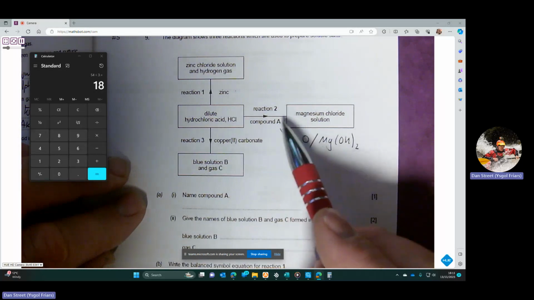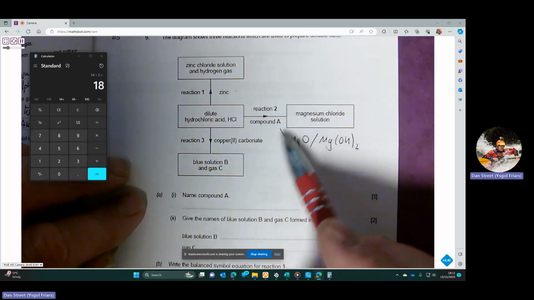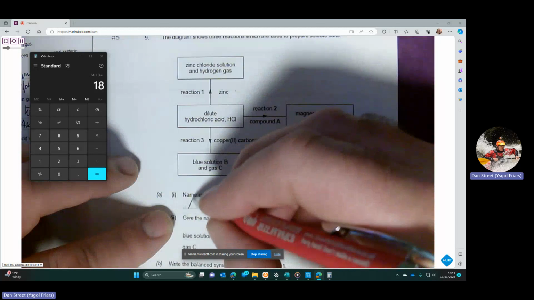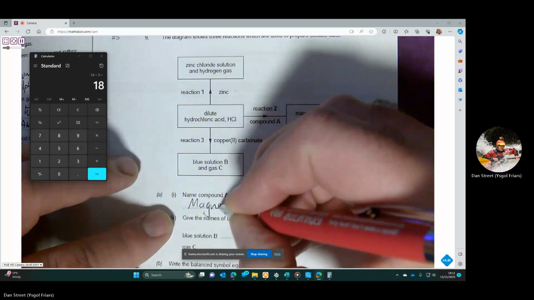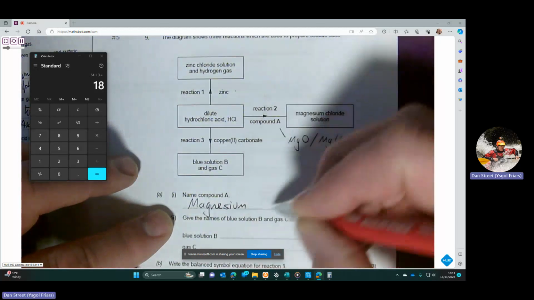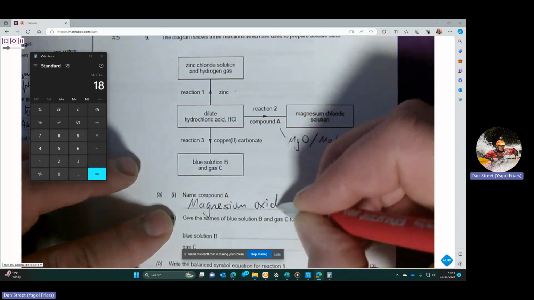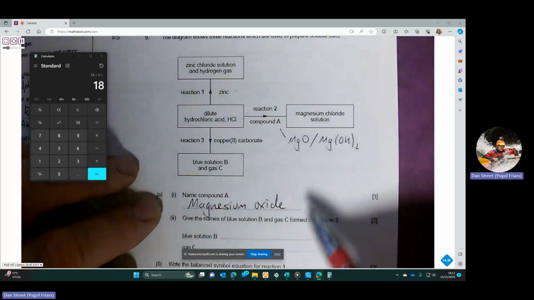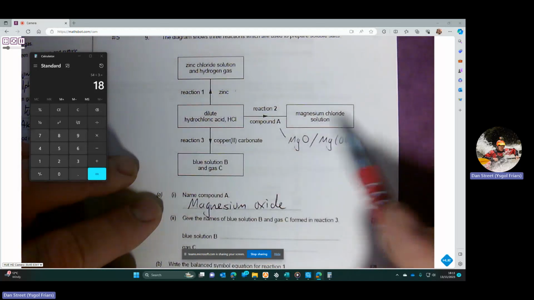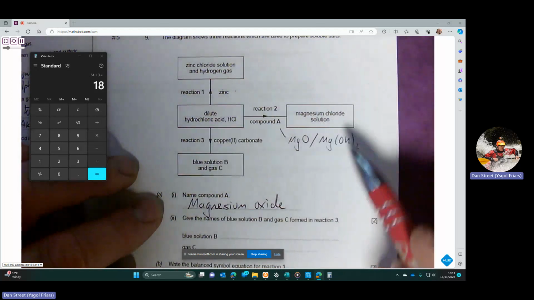Okay, so it doesn't tell us it's a solution, it simply says compound A, so we'll go with magnesium oxide. Magnesium oxide is a solid powder, okay, and we would get the magnesium chloride and we'd get water, so we wouldn't actually see any gases being given off.